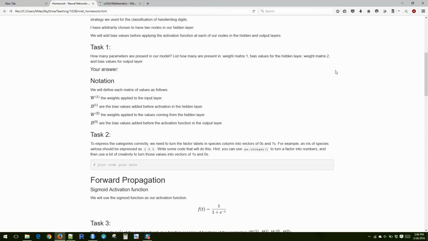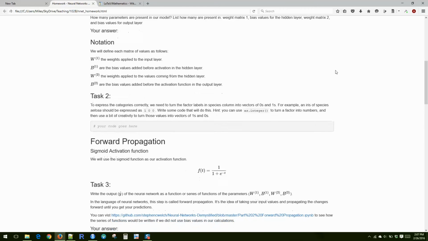Then there will be 3 output nodes, 1 for each species, so that when we code the output, it'll be ones and zeros, like the way we did the handwriting digit recognition. So if the species is virginica, then the 3rd node will be a 1, but the other 2 nodes will be zeros for the output layer.